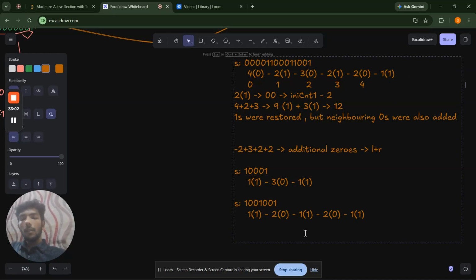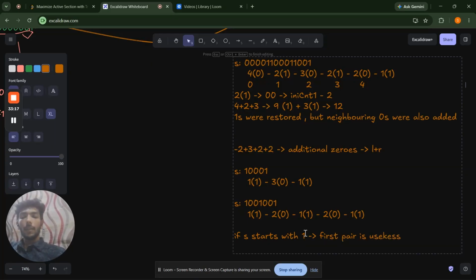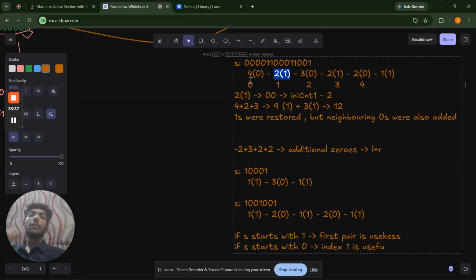So if s starts with 1, the first pair is useless. If s starts with 0, index 1 is useful because here the ones start from the first index and it is guaranteed that on the left it will have zeros.